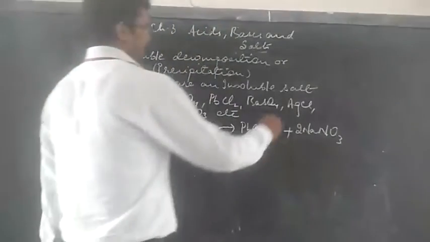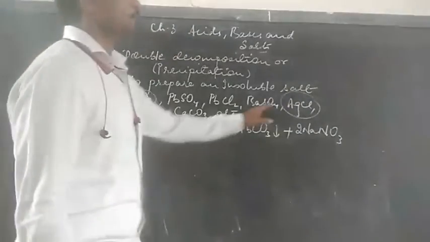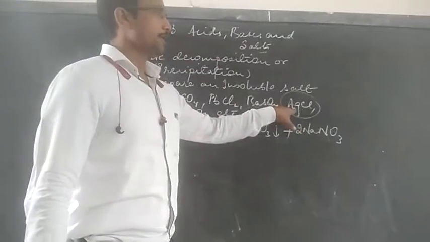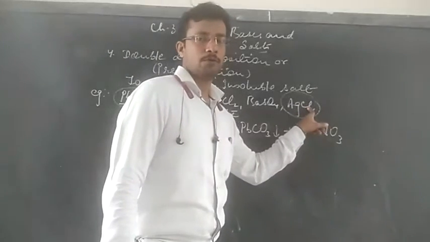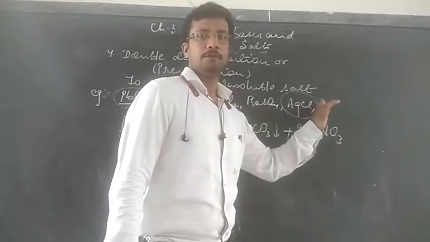If you want to prepare silver chloride, then again we can take two soluble salts. One soluble salt should contain silver, the other should contain chloride. We can also take an acid containing the chloride ion.